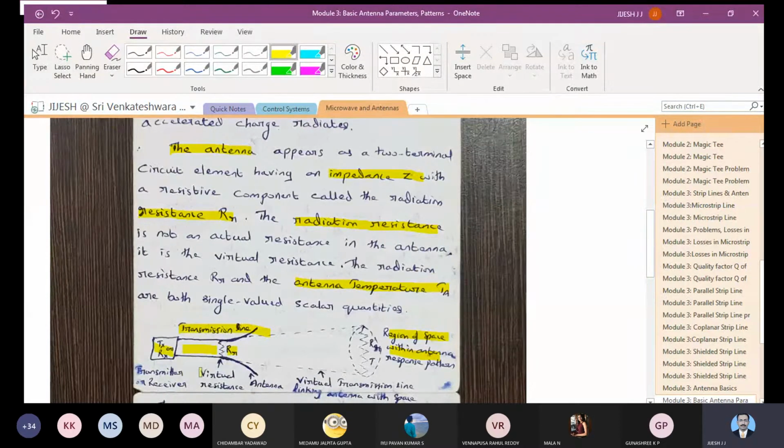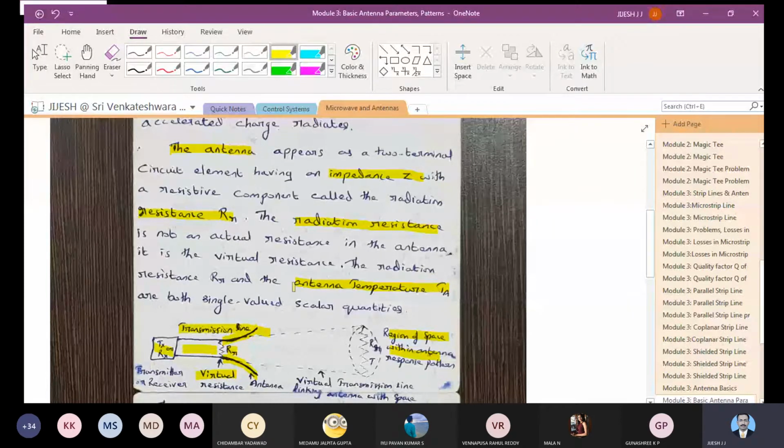There is actually no physical resistance. This is the antenna, which takes care of the signal being transmitted and received. This small diagram shows the virtual transmission line linking the antenna with space.